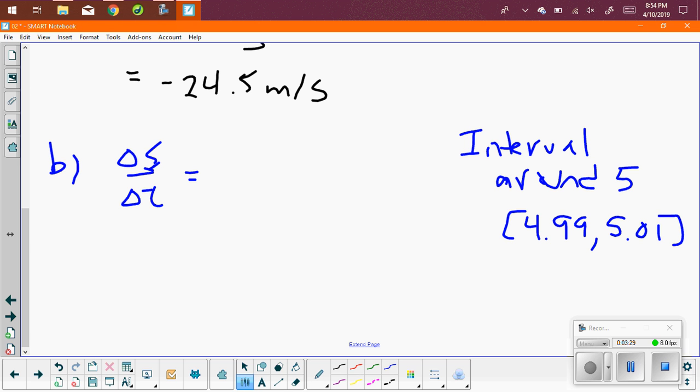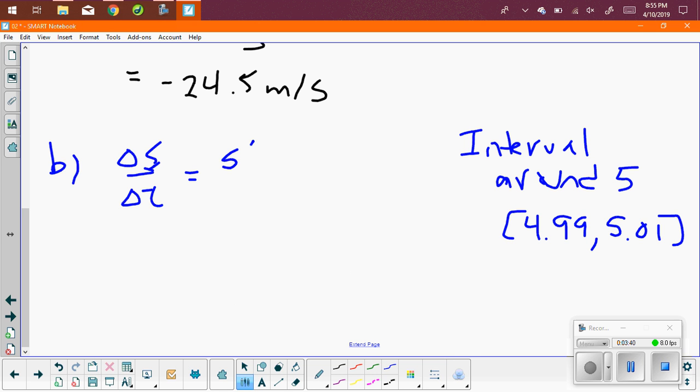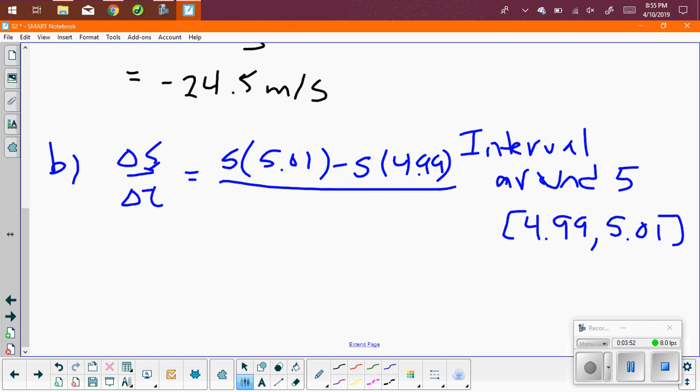My calculation would be S of 5.01 minus S of 4.99, divided by 5.01 minus 4.99.